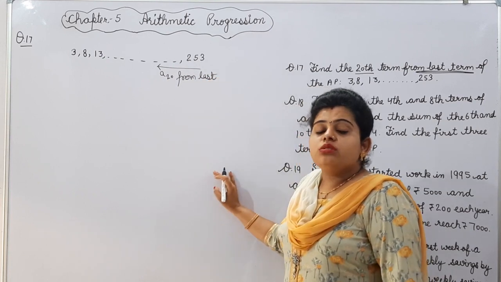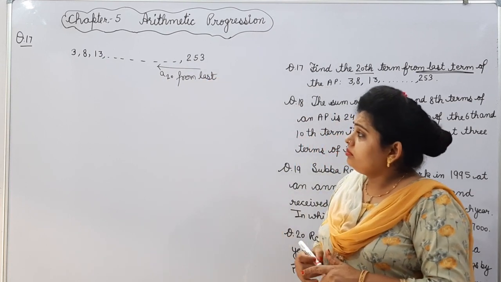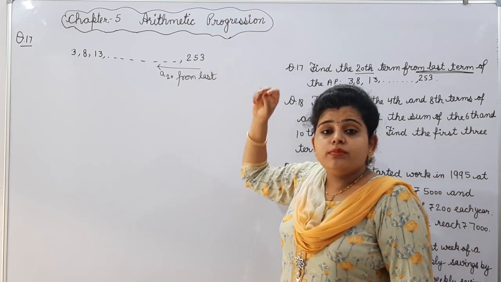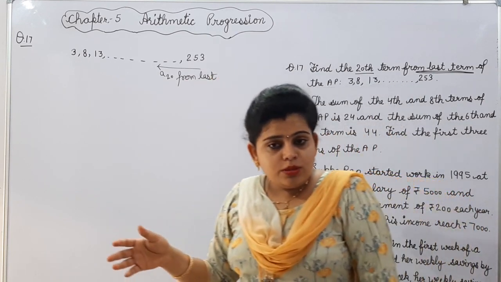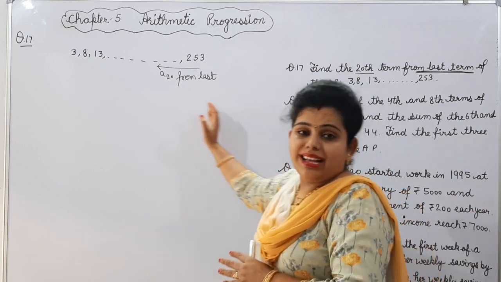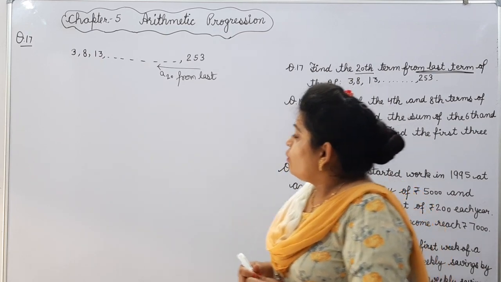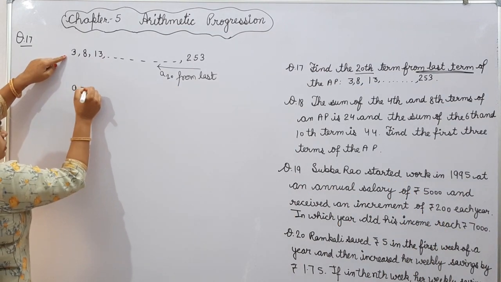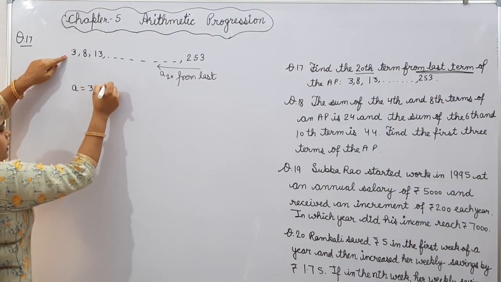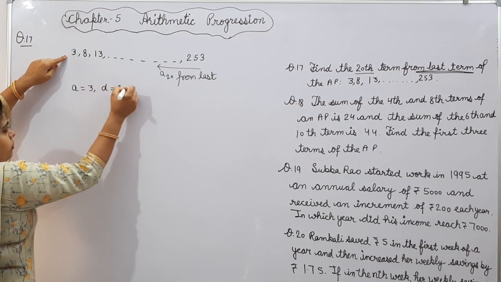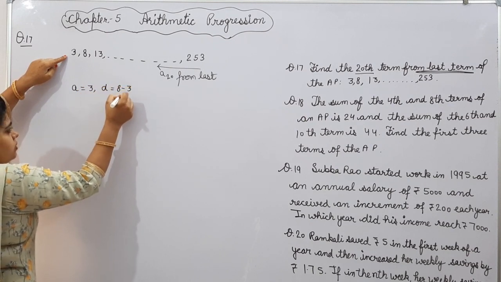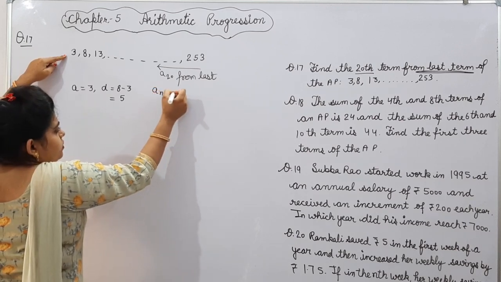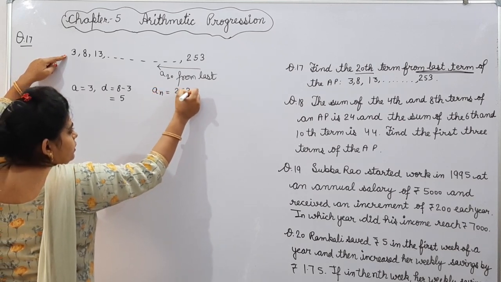So for doing this question there are two methods. First of all, dear students, we should know how many terms there are here. If we know the number of terms, only then can we find the 20th term from the last. So first of all, let A is equal to 3, D is equal to 8 minus 3, which means 5, and what is given? An is equal to 253.